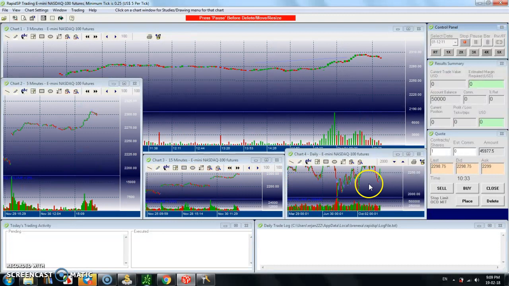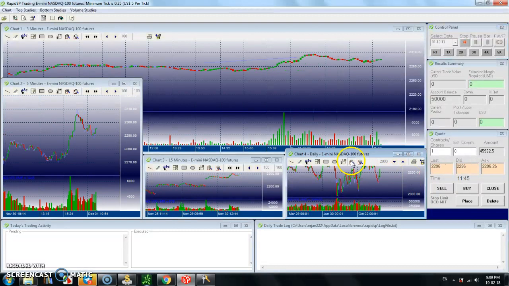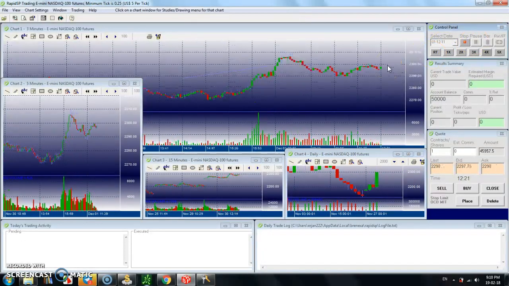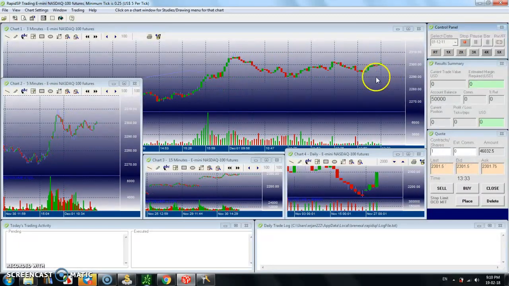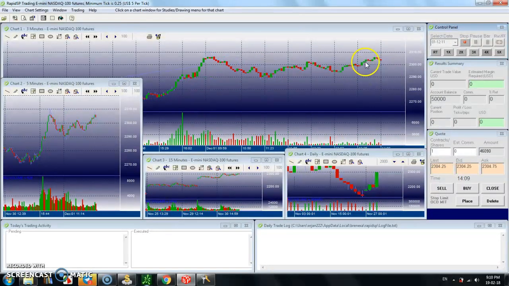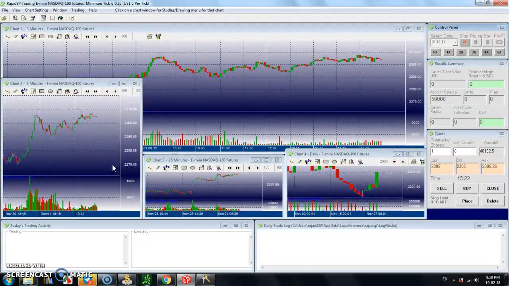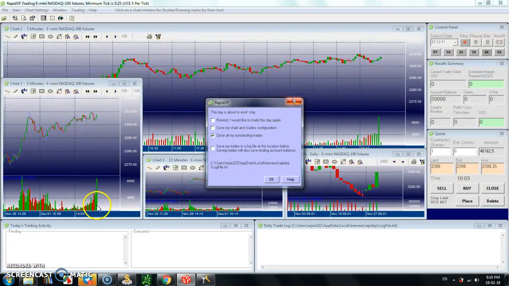You see all 4 charts are moving simultaneously. So this is another viable solution out there. Okay guys, I'm gonna pause this video. Thank you and trade safe.